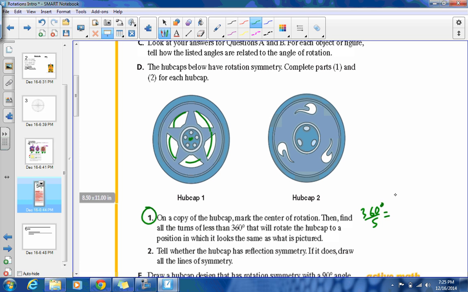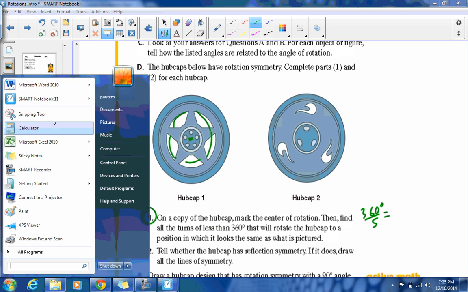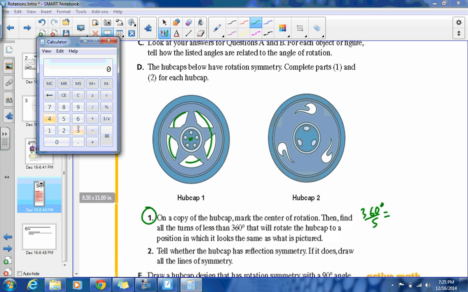And I believe 360 divided by 5 would be, well, let's check that out. I can do the mental math, but I want to make sure I'm right. I think it's going to be 36 degrees. Sorry, divided by 5. Yeah, it's not going to be 36 degrees. It's going to be 72.